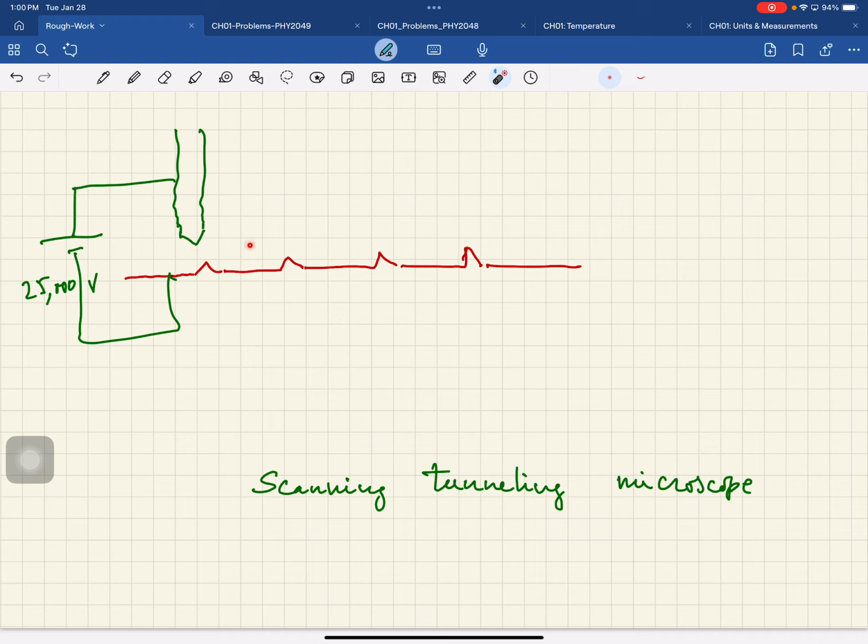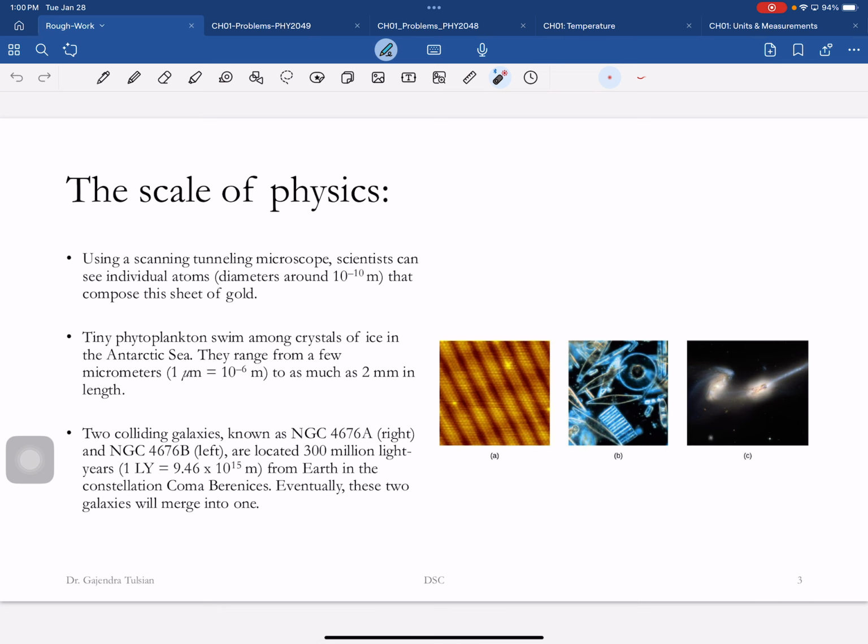When the electrode is over here, the gap is bigger and the current is smaller. So what is this image? It's a composite image of current. Wherever you have a high current, at that spot you mark a brighter spot. So the atoms are proxy for currents. That's how you form the image.